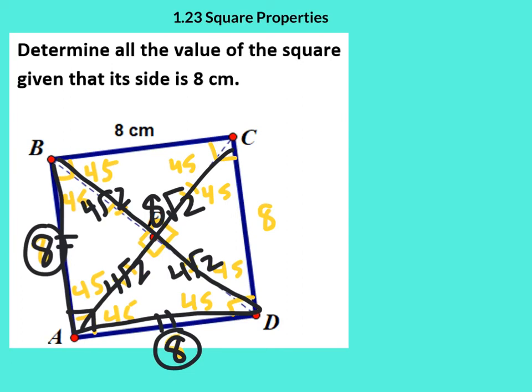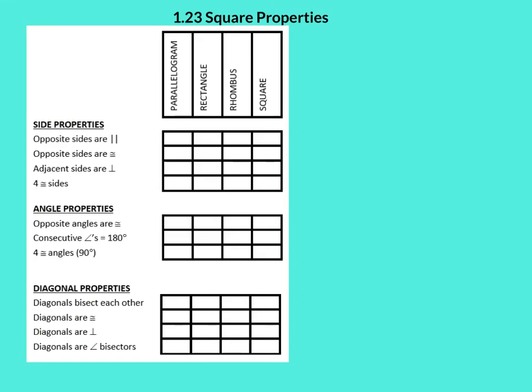What was the little trick there? Again, this big triangle here is a right isosceles as well. Every triangle in the square is a right isosceles triangle. And so then I had 2 sides of 8, made the hypotenuse 8 root 2, and I could cut that in half.